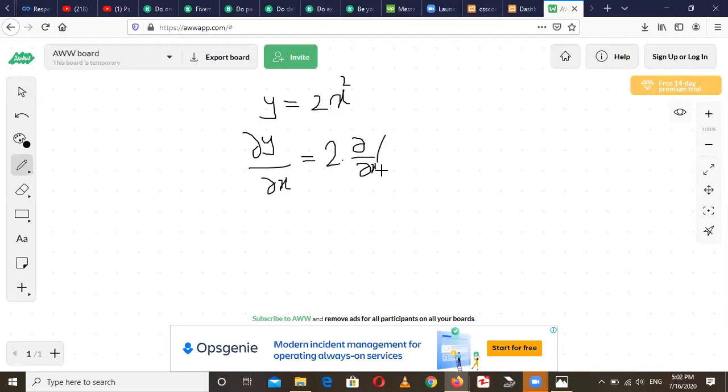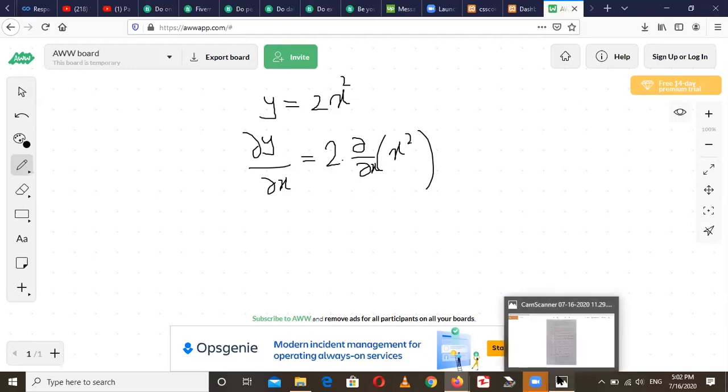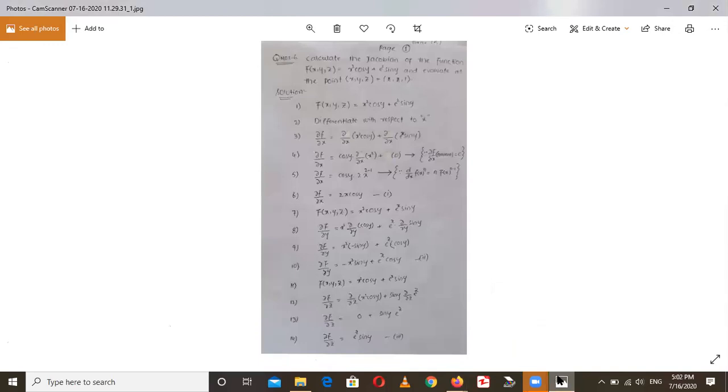This is what I did in step number 4. I moved the term cos y forward because in step number 3 cos y is basically a constant for the differentiation with respect to x.